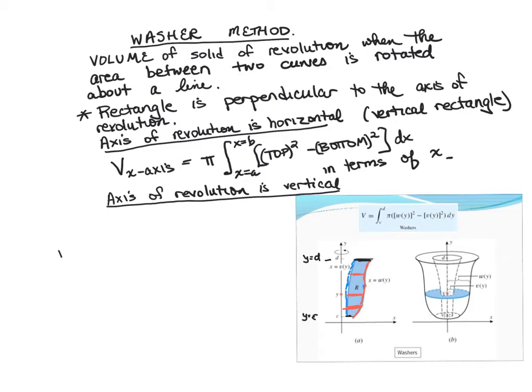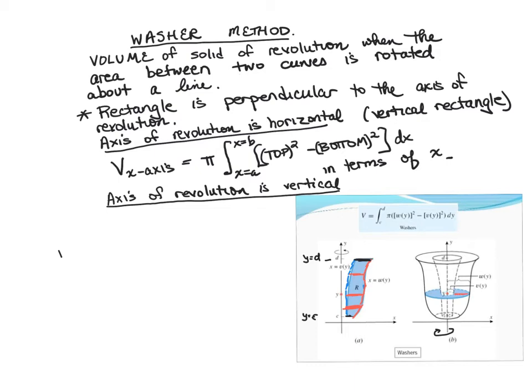Somehow we have to represent this distance going across, and here we have to represent each function in terms of y. So that's why we write the functions as x equals w of y and x equals v of y.